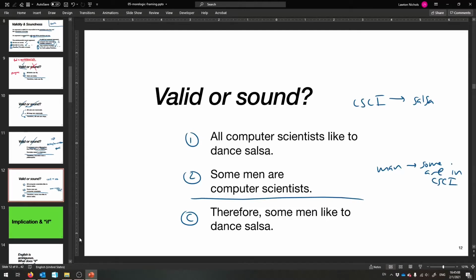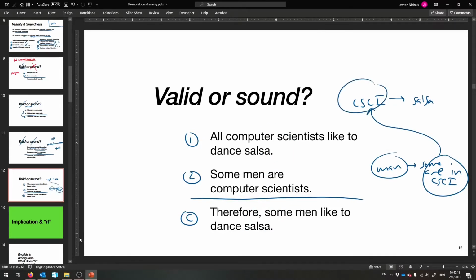Okay, and the idea is to use this and this together to prove that, therefore, some men like to dance salsa. So if you're a man, you might be in CSCI, and there's some of you, but everybody in CSCI likes to dance salsa. So you can follow this chain. You can follow the chain and conclude, therefore, some men like to dance salsa. Yes? So this is a valid argument.